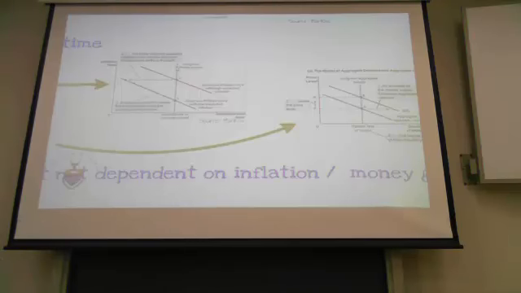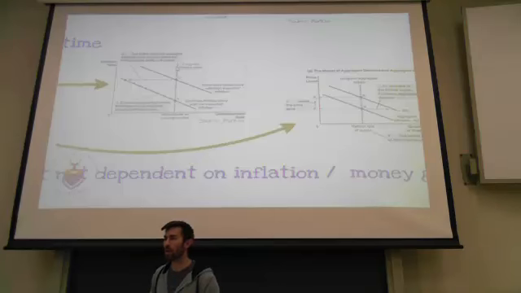Right? Which is another way of saying what we said before, which is that the real level of output does not depend on prices in the long run. Right? Because what is our production function? Y is a function of labor, capital, technology, not prices. Okay?